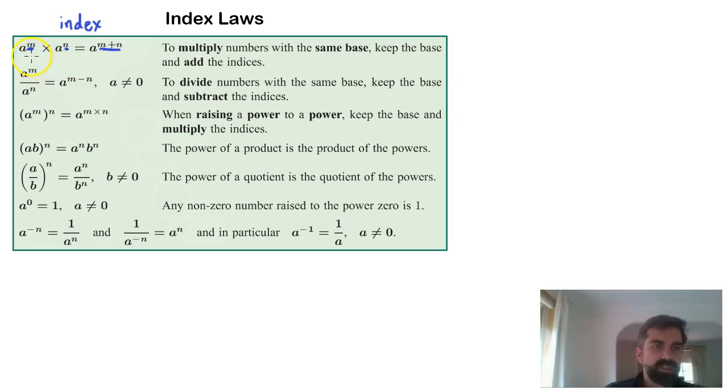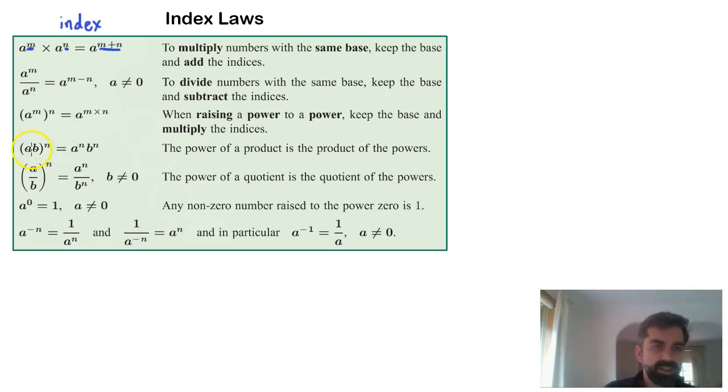So the first one says that if you multiply two values with the same base, then we're going to add the indices, okay? The second rule says that if you're dividing two numbers with the same base, then you're going to subtract the indices. The third one says that if you've got a number in brackets raised to a power, and then you're raising the brackets to a power, then you're going to multiply those two indices.